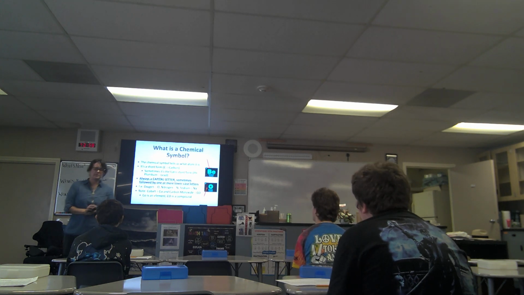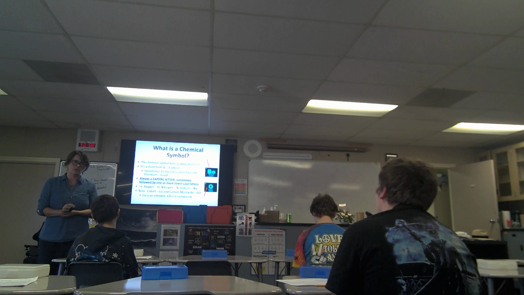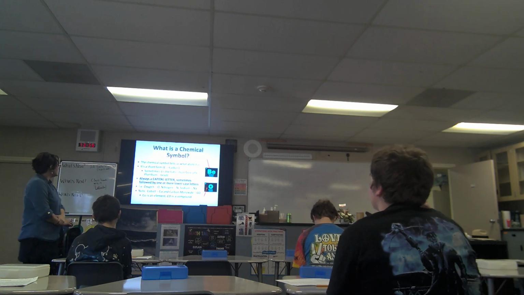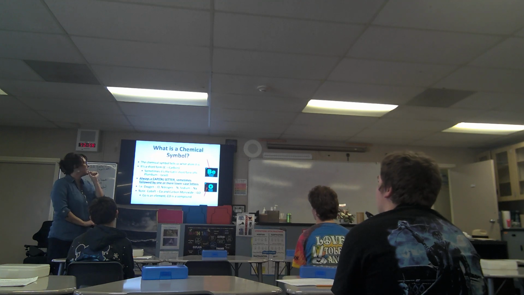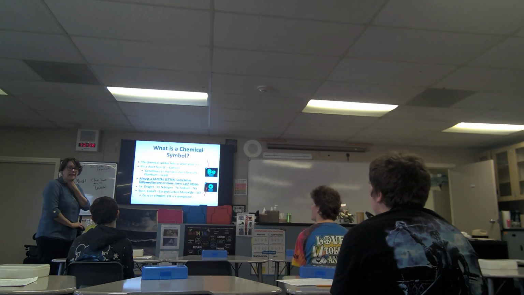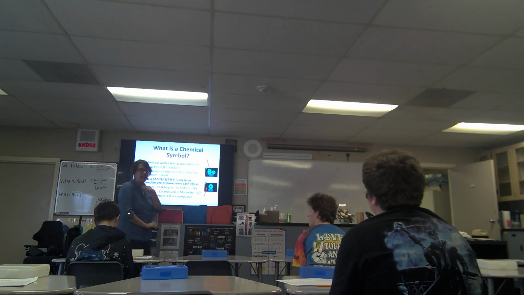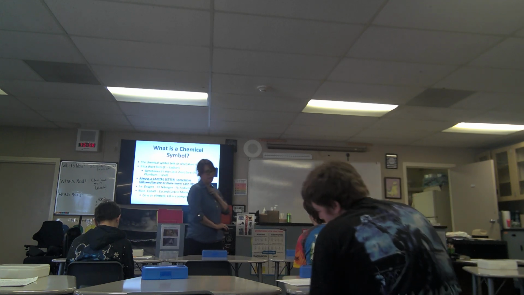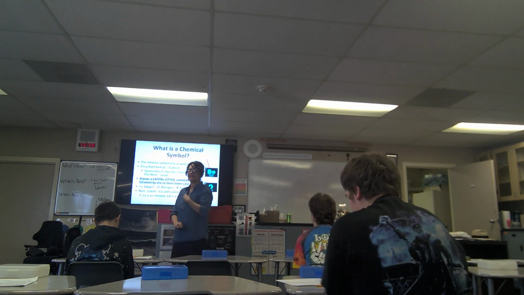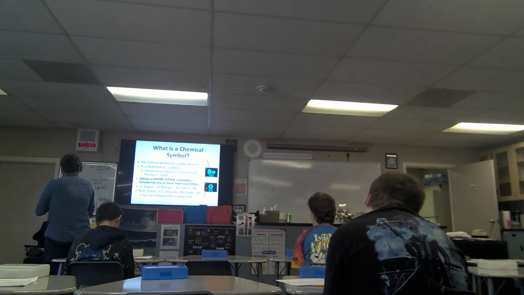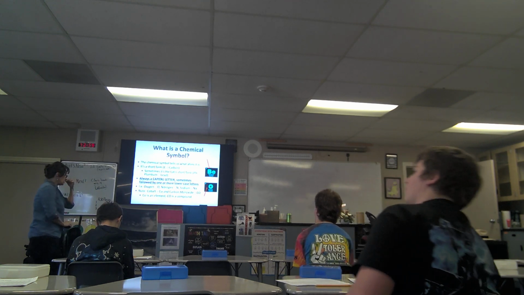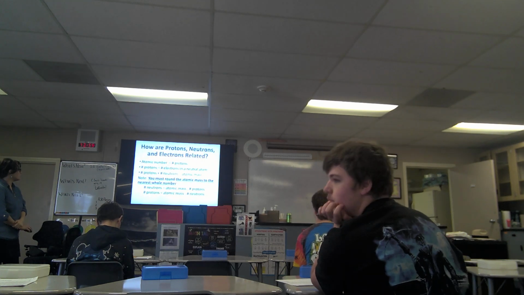Does anybody remember why lead, even though it starts with an L, the symbol would be something like Pb? It's because it's Latin for a plumb line. Exactly. It's Latin. So there's atoms like iron, right? Which is Fe. The Latin name for iron starts with an Fe, okay? So sometimes it's the English word, sometimes it's the Latin word, okay?